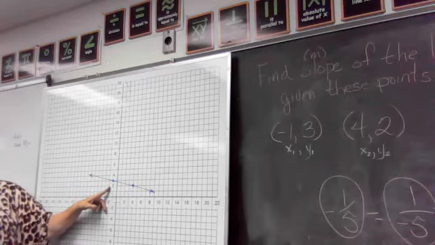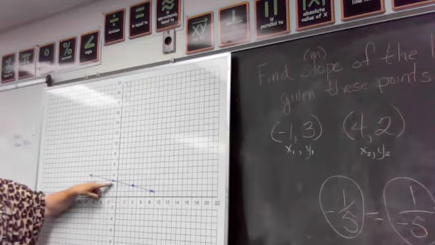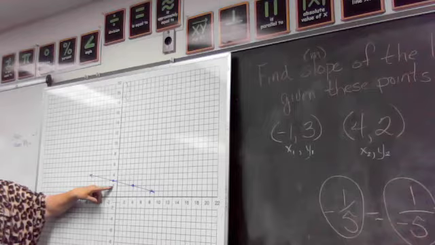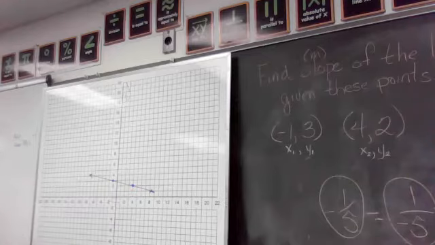Down. So it's a -1, right? So I've got a -1. I went from this house. I went down 1. Now I'm going to turn and run. And I'm running in a positive direction. 1, 2, 3, 4, 5. Look at the slope.